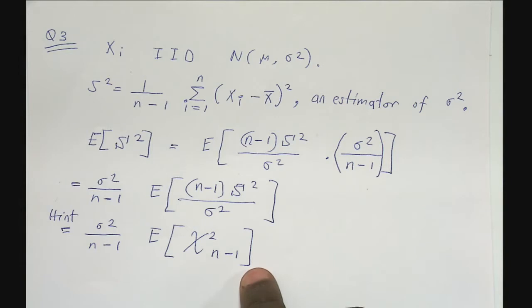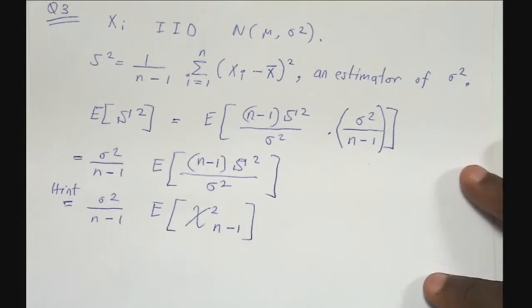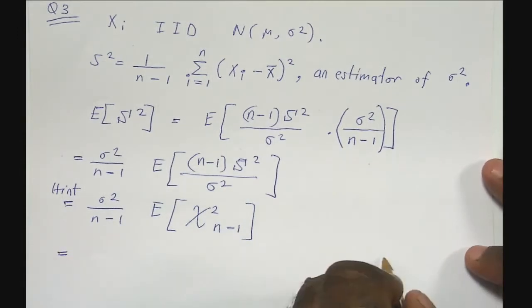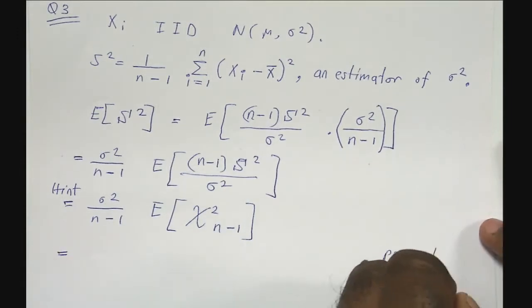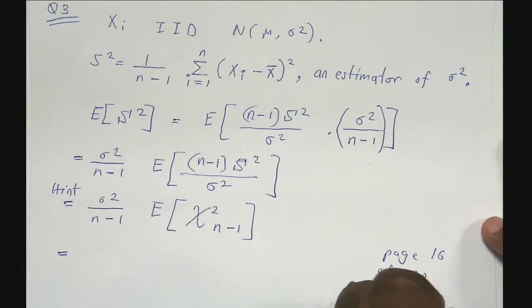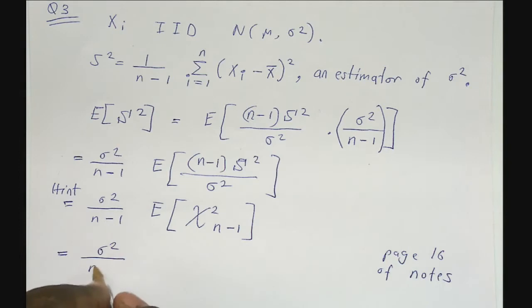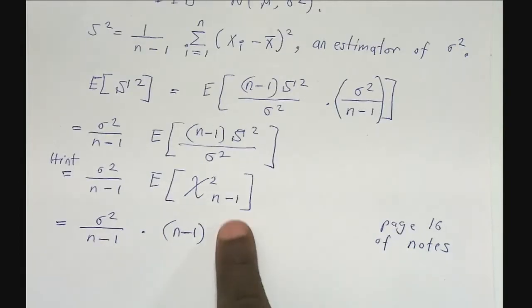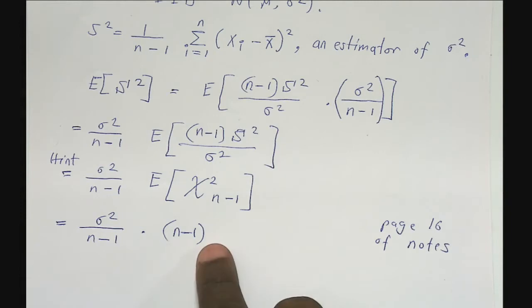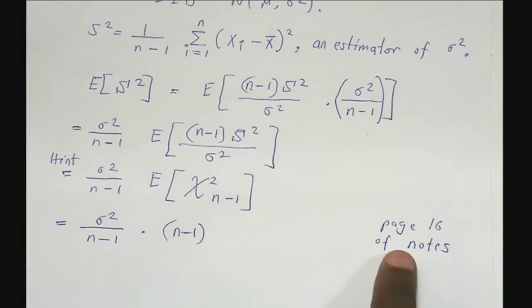One of the properties I will talk about later is the following: if you look at page 16 of the notes, you will see that the expected value of a chi-squared variable is equal to the degrees of freedom. So the expected value of a chi-squared variable with n minus 1 degrees of freedom is equal to n minus 1. That's the property on page 16 of the notes.